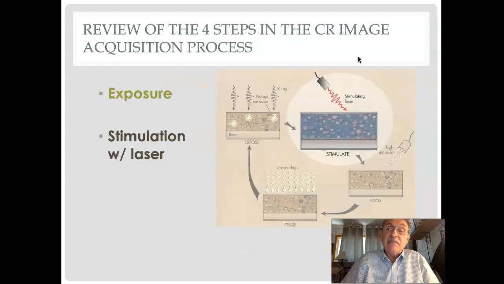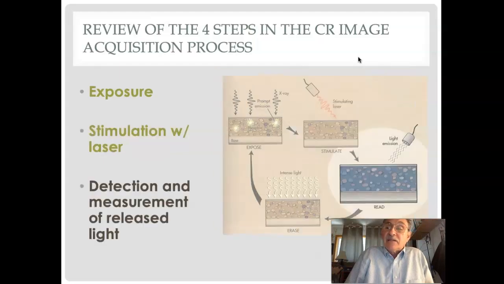Taking that plate and putting it into the image plate reader, it is subject to a stimulating laser. That stimulating laser scans the surface line by line in a sequential pattern. The action of the laser beam releases blue-purple light, which is visible light, captured in the photomultiplier tube and then sent to the analog to digital converter.